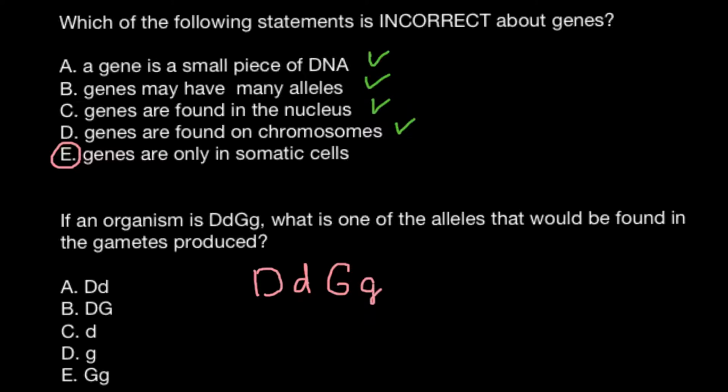So in the gametes we would have half the number of the genes. If it is a diploid organism, and we see that this is a diploid organism that has two sets of alleles for one gene, we should expect in the gametes to see only one of these alleles.